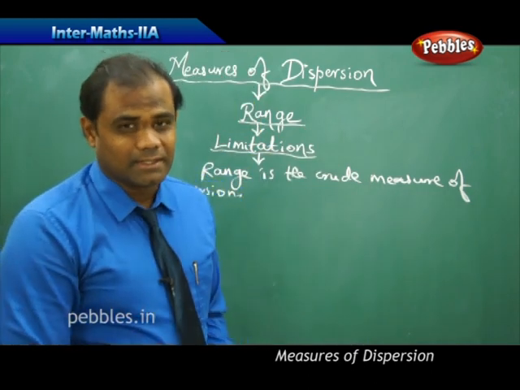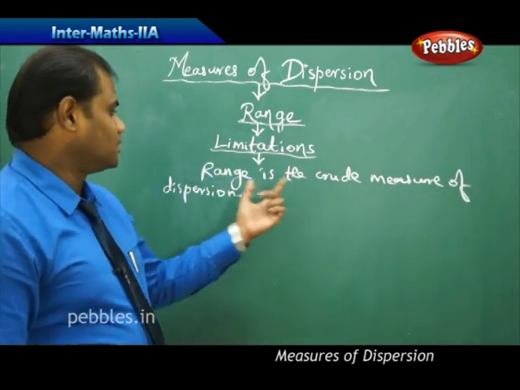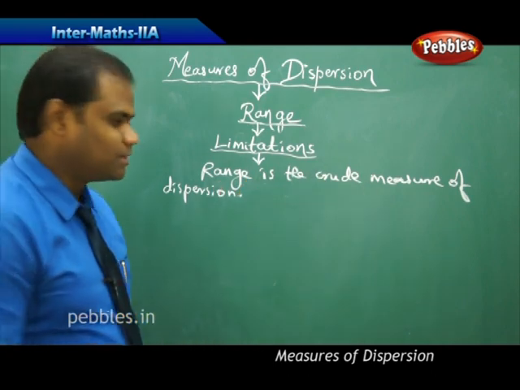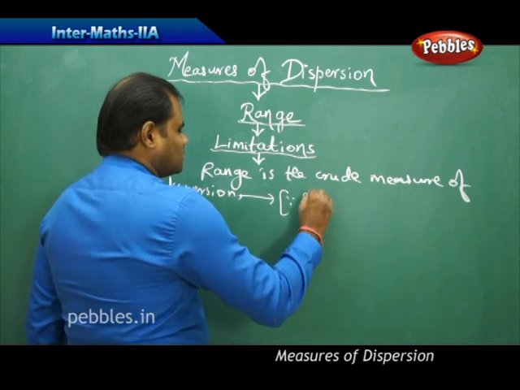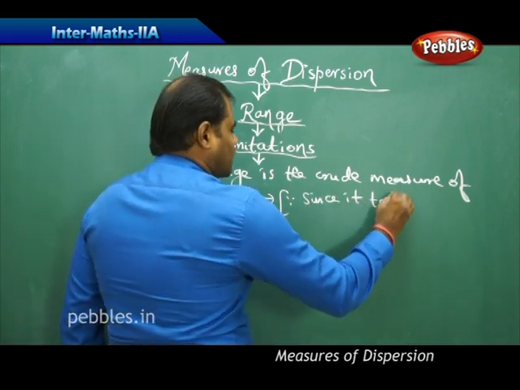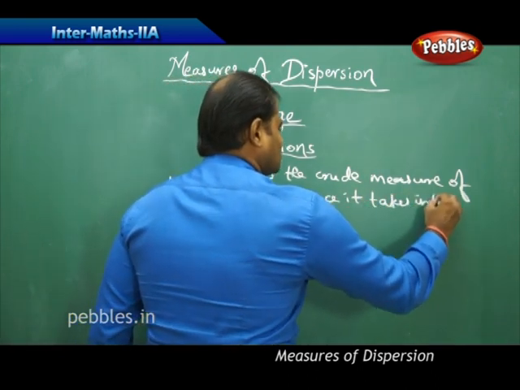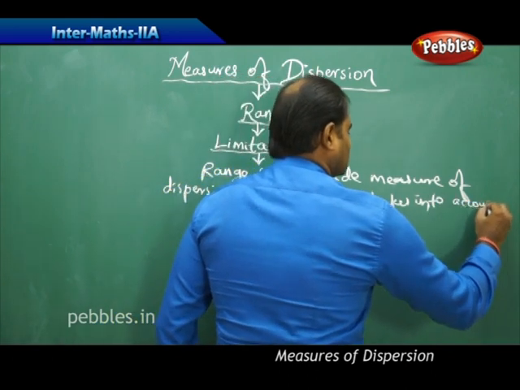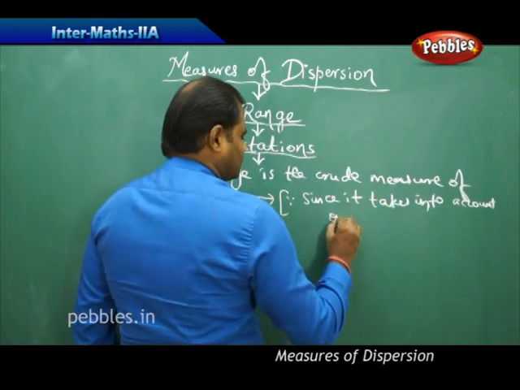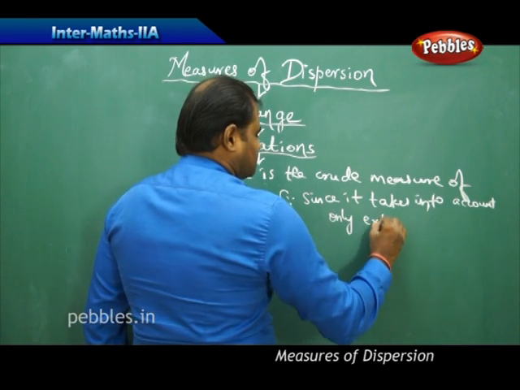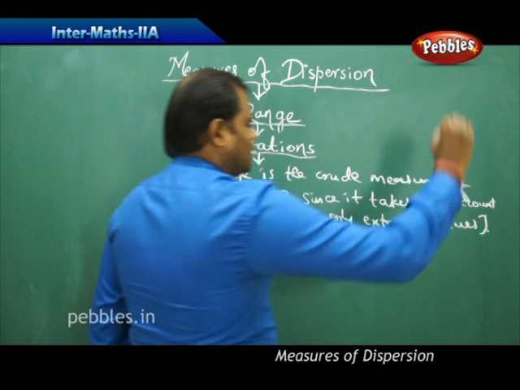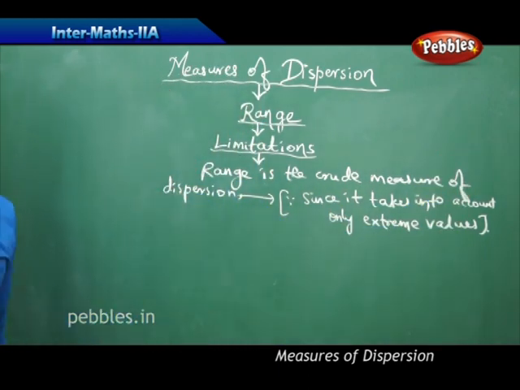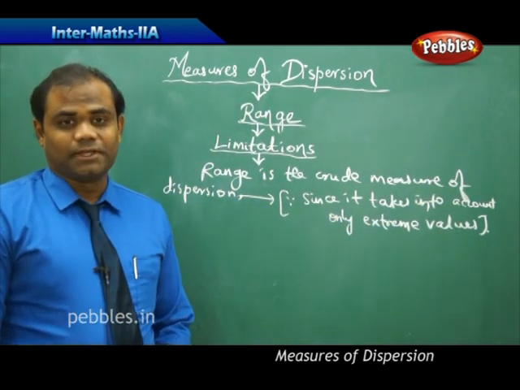Therefore, since it takes into account only extreme values, range is a crude measure of dispersion, which is how we understand the limitations of range.